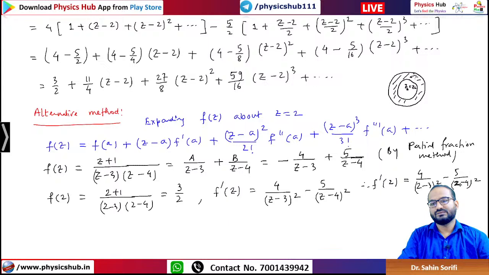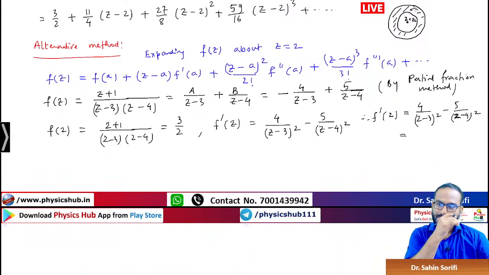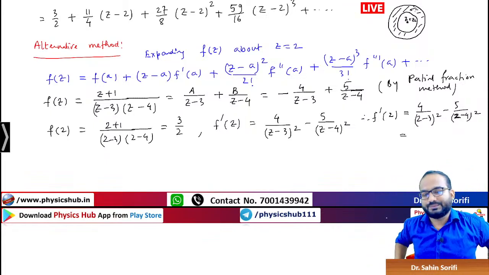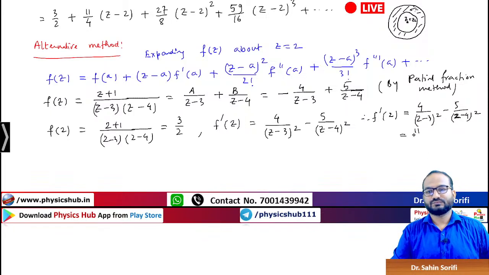So what is the value? What value are you getting here? 4 minus 5 by 4, that is 16 minus 5 by 4, 11 by 4.